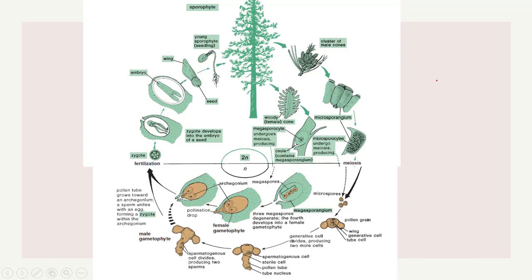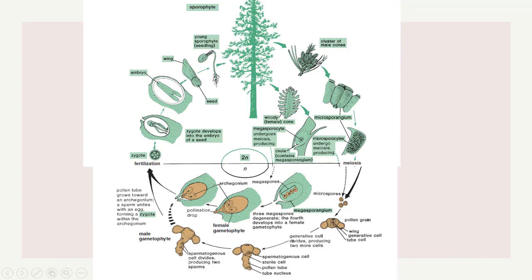So now let's see the female one. The female one is bigger, because the spore is bigger. Inside the megasporangium there are so many megasporocytes, and each megasporocyte will undergo meiosis and produce what we call a megaspore.